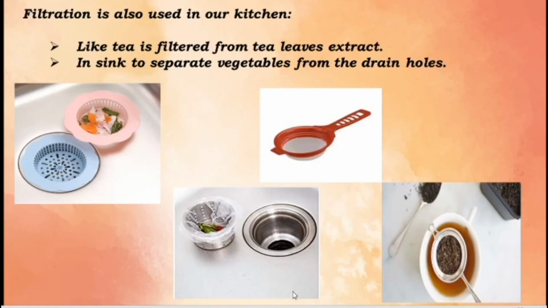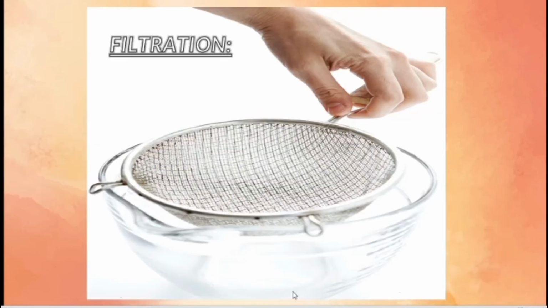This filter paper helps to remove the insoluble solids in a given solution. It is also used in our kitchen. You can find the filter which is used to filter tea, to separate the tea leaves from the prepared tea, and the vegetable drainer in your sink is also an example of filtration.